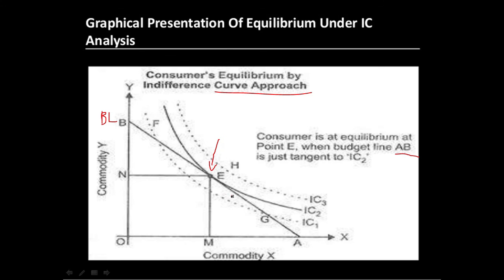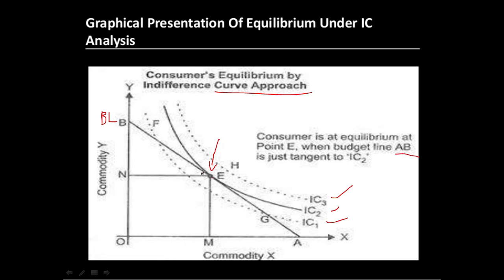AB is the budget line, and from it we have IC1, IC2, IC3. IC1 will have lower satisfaction levels, IC2 has more satisfaction than IC1, and IC3 will have more satisfaction than IC2.